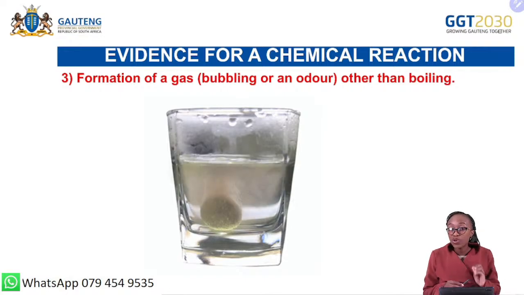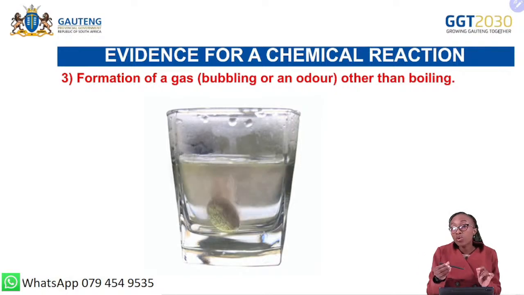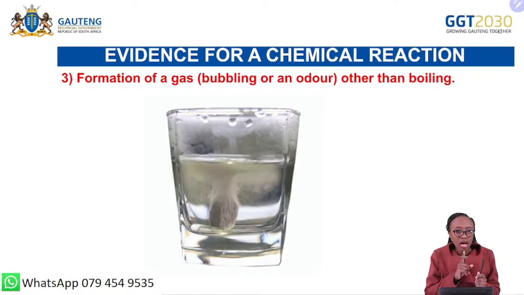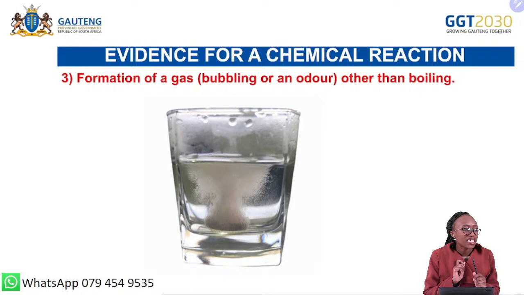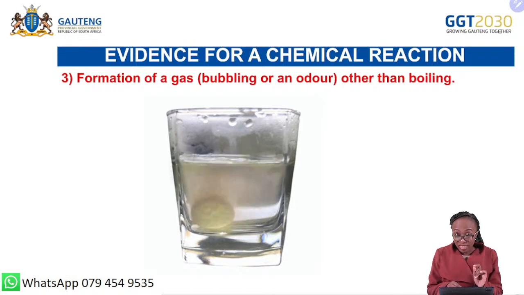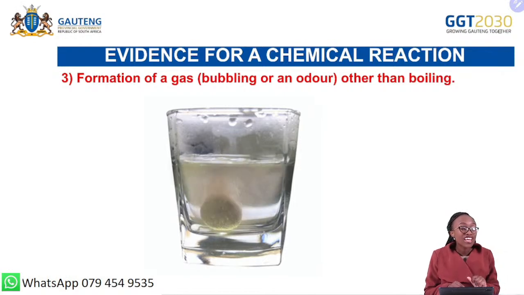Remember, with our decomposition experiment, we brought the glowing splint towards the mouth of the test tube, and it relit. That's when we knew that the gas produced was oxygen. So now you see those bubbles. It is evidence that there has been a chemical reaction, and that chemical reaction just produced a gas.